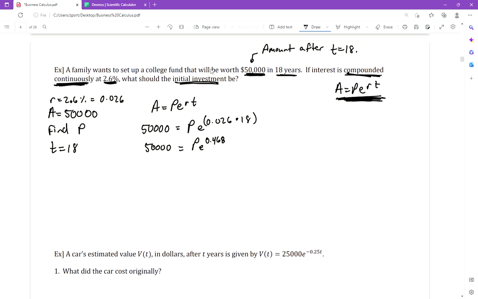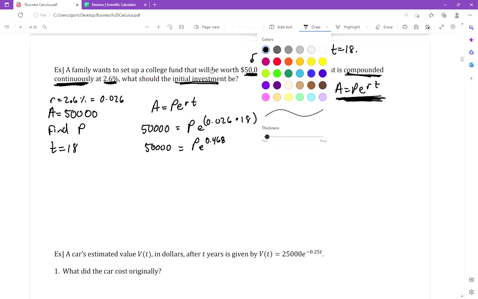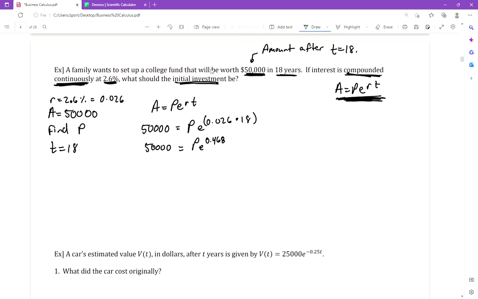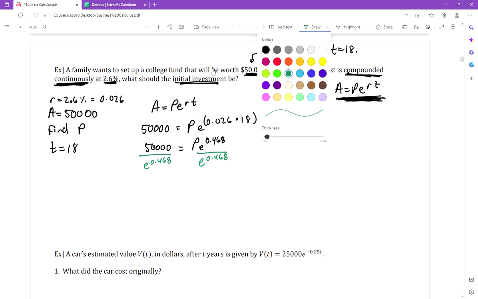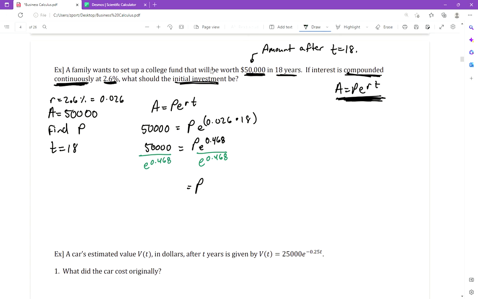And so what we need to do is divide whatever this number is on over. That will give us the P value by itself. I just need to type that into the calculator.